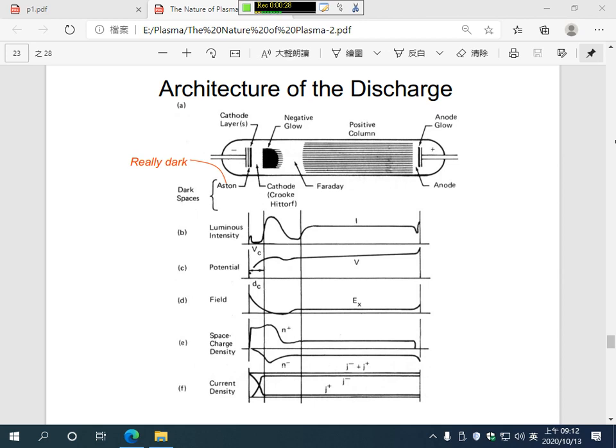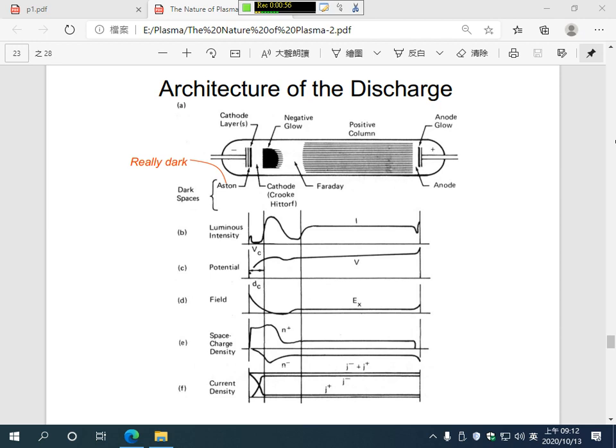If we just look at the brightness of plasma between cathode and anode, there will be a very thin cathode layer, and then a bright negative glow, and then a continuous positive column. And at the right end, there is a thin layer of anode glow.